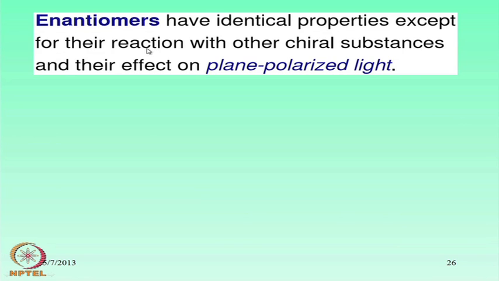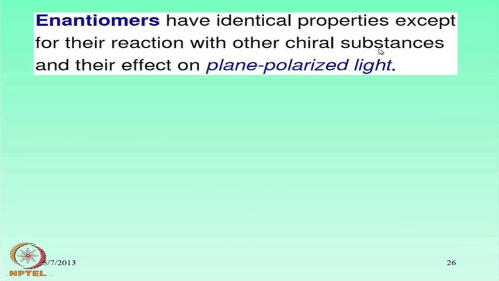Experimentally, how can these enantiomers be identified? The enantiomers have identical properties, so all other properties are the same. The only difference is that they can react differently with some chiral substances.